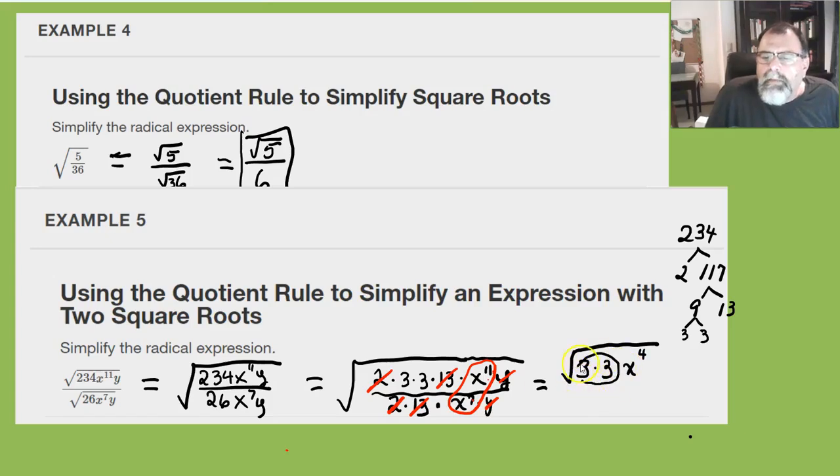Okay, so the 3 comes out, 2 3's inside make 1 3 outside, and then we're going to do the exponent trick on this one. 4 divided by 2 is 2, remainder 0, so there's nothing left inside, and that's our final answer. Okay, so that's probably the way I would do it if I'm not using a calculator and just doing everything by hand.